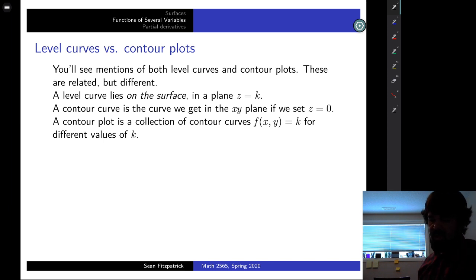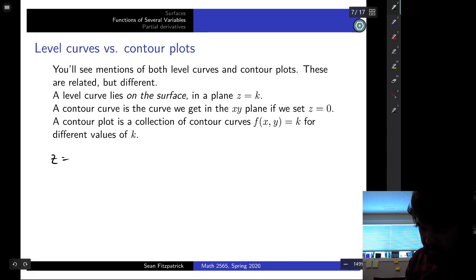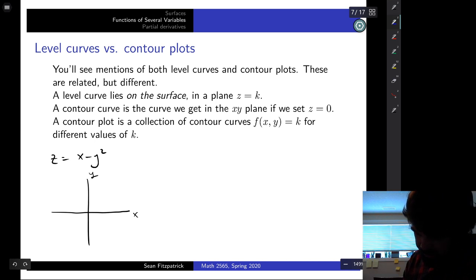You'll also see these so-called contour plots, right? So for a contour plot, if I was doing z equal to x minus y squared, the contour plots are actually plots in the xy plane. So here's x, here's y. And so you'd say, okay, here's my z equal to 0 plot.